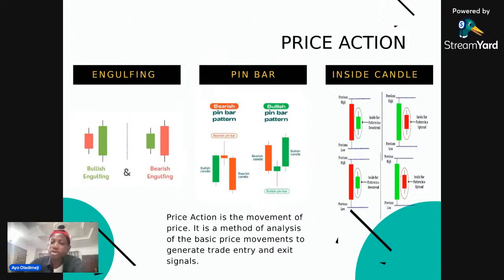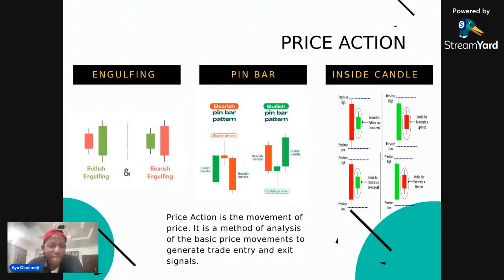So don't forget, I told you we have two major price movements: bearish movement and bullish movement. Bearish movement is when price is falling or dropping, while bullish movement is when price is rising. So when you see price rising, we say the market is bullish. When price is dropping, we say the market is bearish.